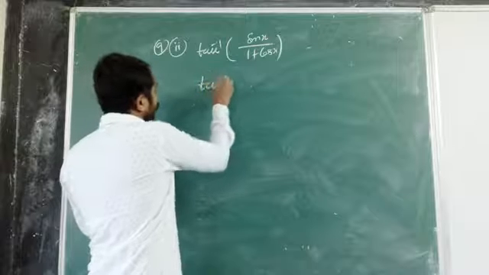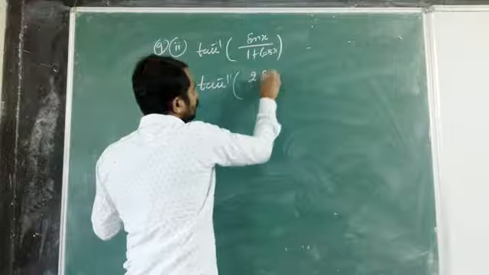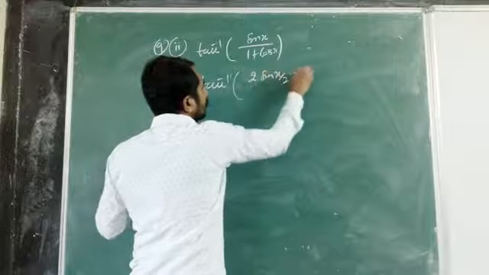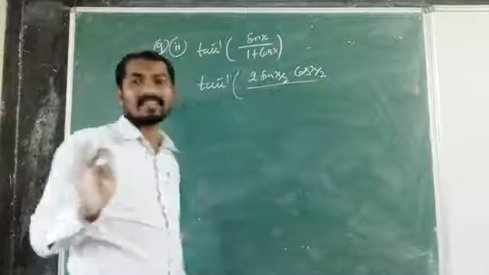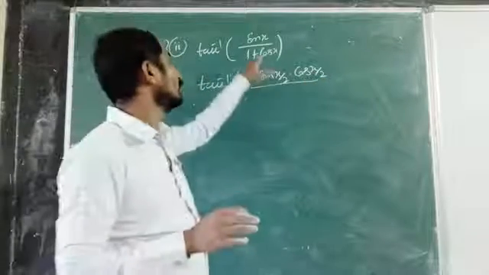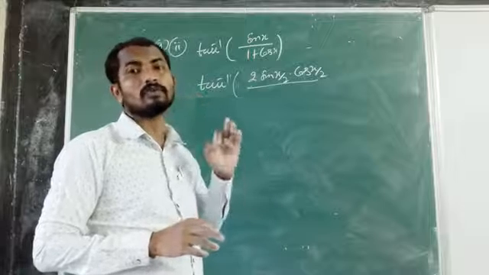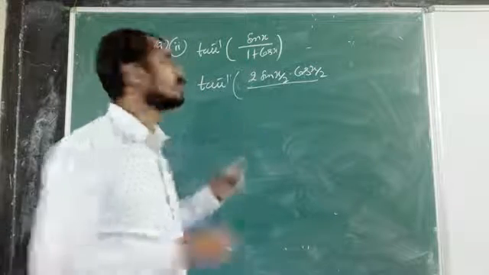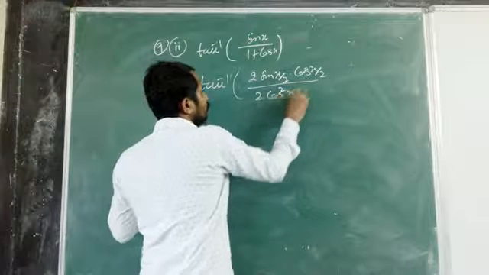Half angle formula: sin x is equal to 2 sin x by 2 cos x by 2. This is the half angle formula. In the denominator, 1 plus cos theta, this is also a half angle formula: 1 plus cos theta is equal to 2 cos square theta by 2. That means I can have 2 cos square x by 2.